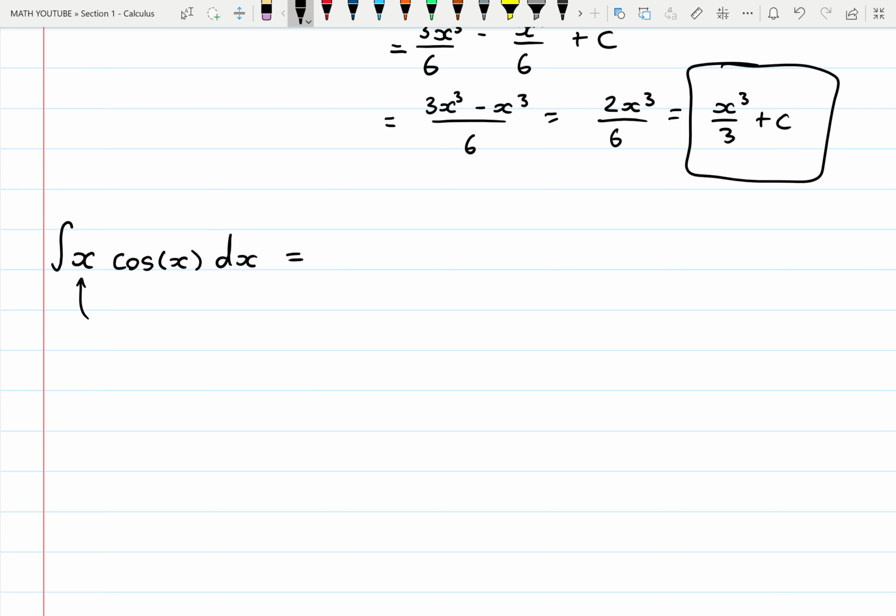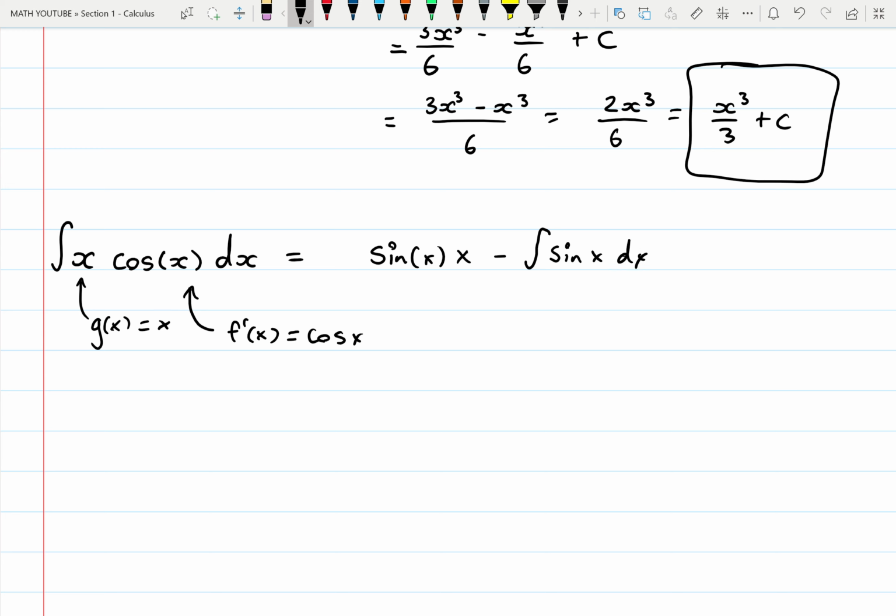Here we are going to let g of x equal x, and cosine of x equal f prime of x. And what that gives is x times sine of x, take away the integral, g prime is 1, and the integral of cosine is sine of x, so we just put sine of x.